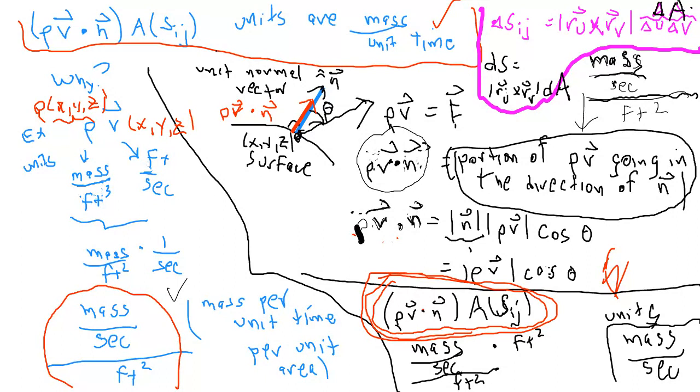So we can replace that differential surface area, dS, with the length of the cross product of r_u with r_v dA.